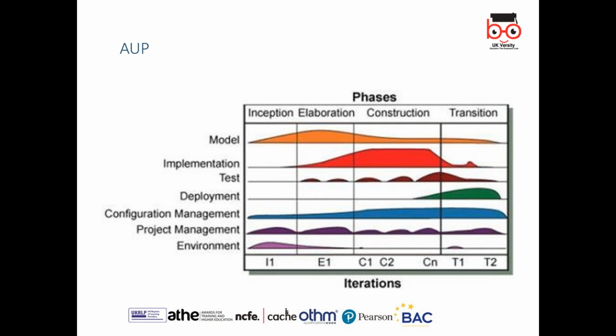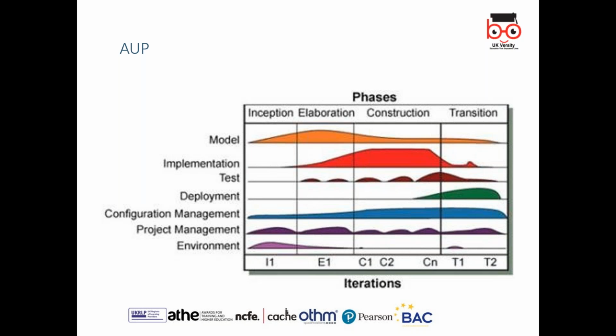No, they're not sequential. They're all done simultaneously. So you're working on all of them. You're not finishing one and then moving into implementation. You're working on all of these. For example, in a traditional one, once you do the model, you move to implementation. If there's any problem with implementation, you would go back to the model. That's how agile works.